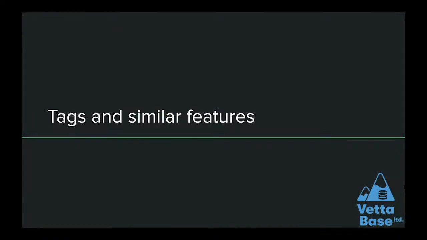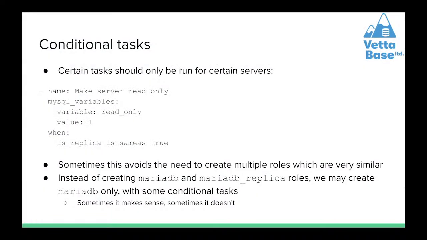Okay, let's talk about tags and similar features. Okay, we can have conditional tasks. So certain tasks may only be run for certain servers and not for others. Usually this is based on the group, the role, of course, but sometimes even inside a certain role we want to only execute some tasks and exclude others.